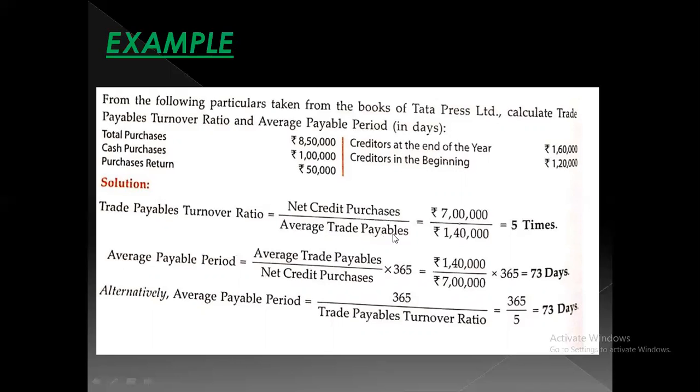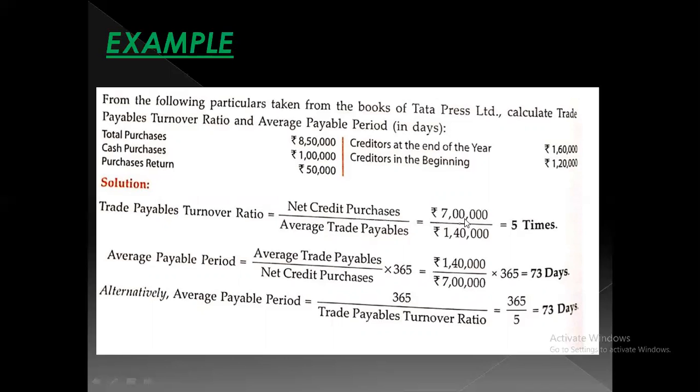So average trade payable will be opening trade payable 1,20,000 plus closing trade payable 1,60,000 divided by 2. This will become 1,40,000. And the net credit purchase will be total purchase 8,50,000 minus cash purchase 1 lakh. This will become 7,50,000. Then minus purchase return of 50,000, and this way it will be 7 lakh.